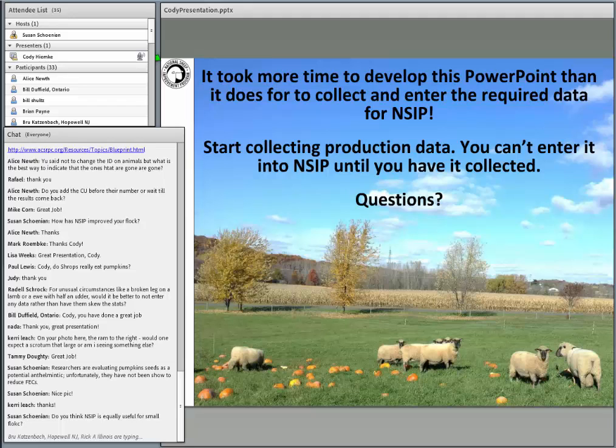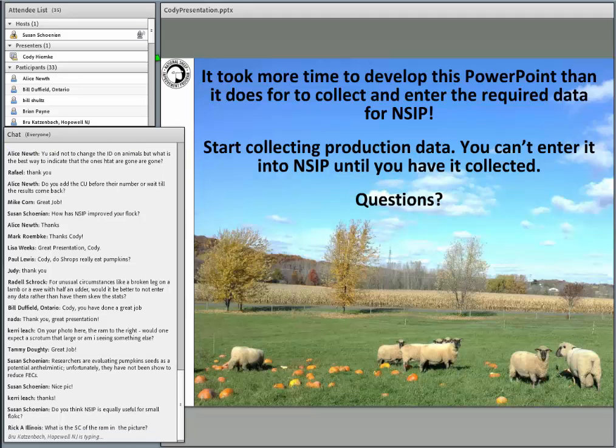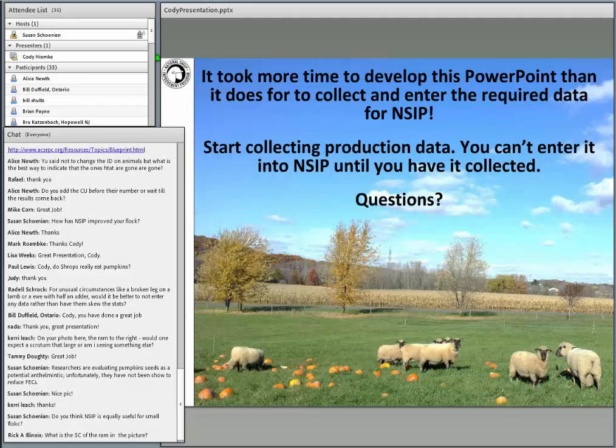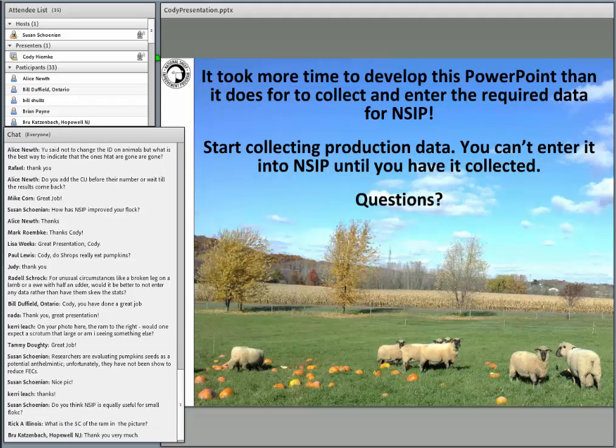If you've got 100 ewes or 10 ewes, you can make a lot more genetic progress with 100 ewes. But the tools are the same, and how you use them would be the same. So for small flock owners, if say they work together, like 5, 6, 7 flocks or herds, they would increase the accuracy and the usefulness of NSIP similar to a large flock. Would that be accurate?